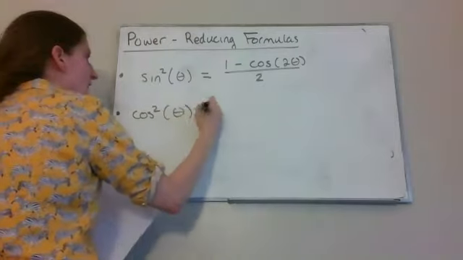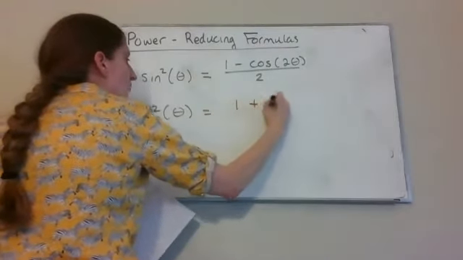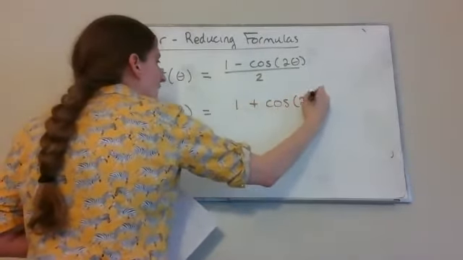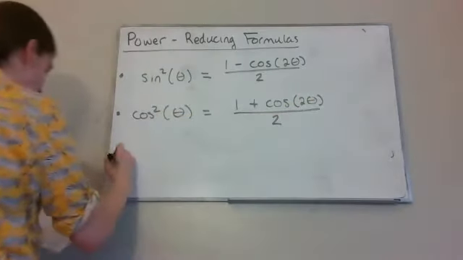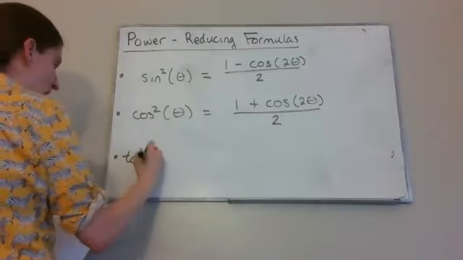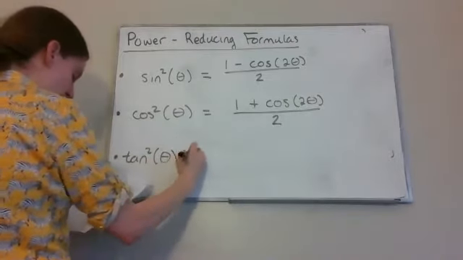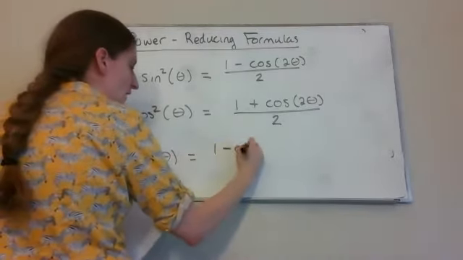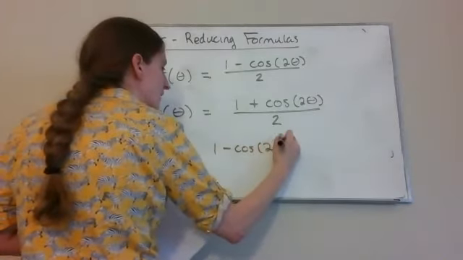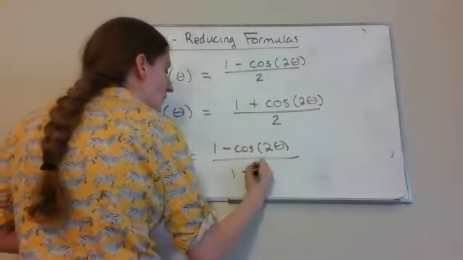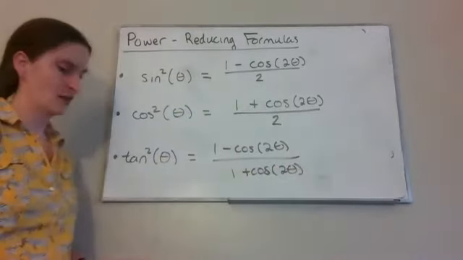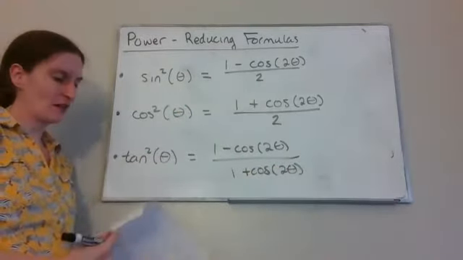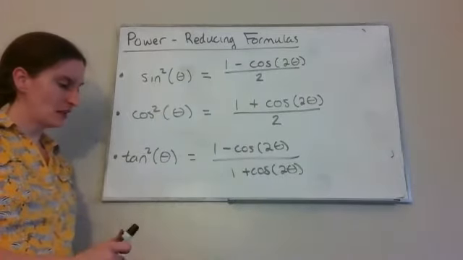Cosine squared of theta is equal to 1 plus cosine of 2 theta all over 2. And tangent squared of theta is equal to 1 minus cosine of 2 theta over 1 plus cosine of 2 theta. And we're going to be using these formulas as well in an example.